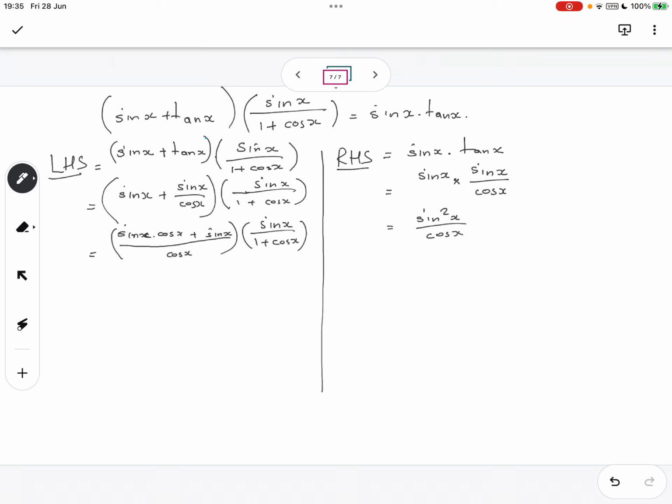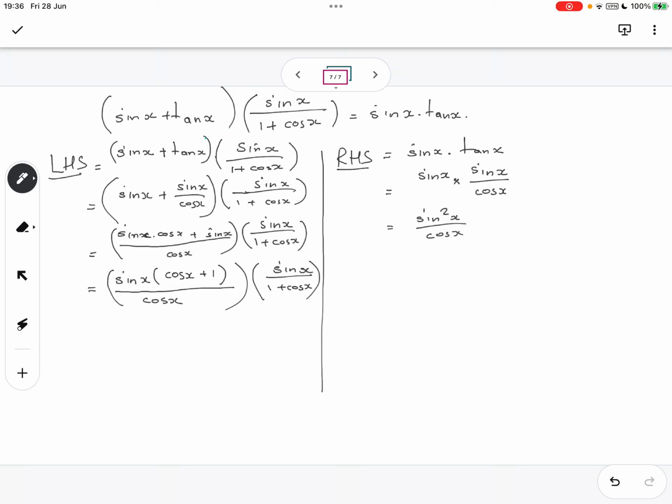Then if I take out sine as a common factor here at the top, I will get sine x into cos of x plus 1, divided by cos of x, and I still have to multiply with sine x over 1 plus cos x.